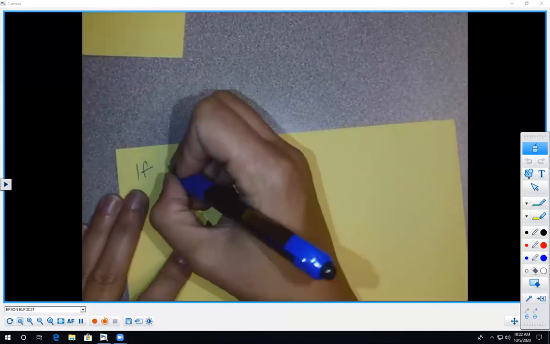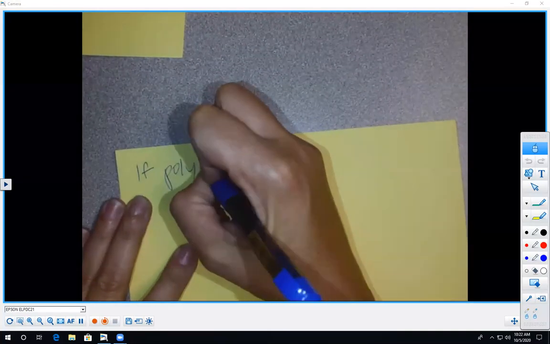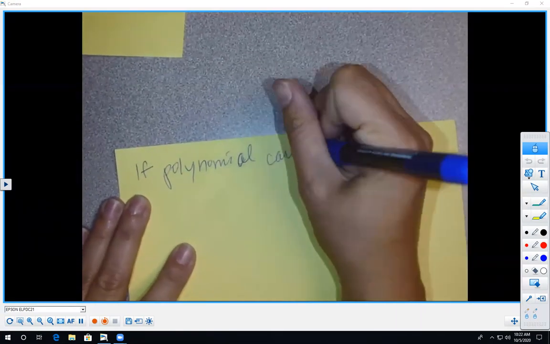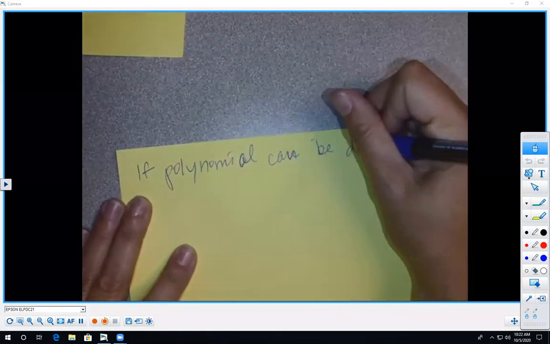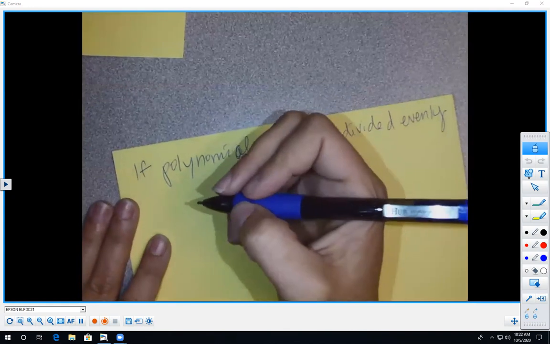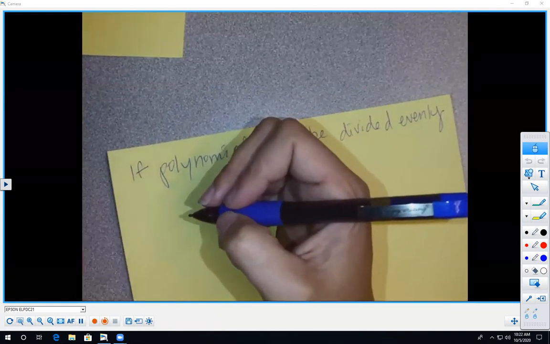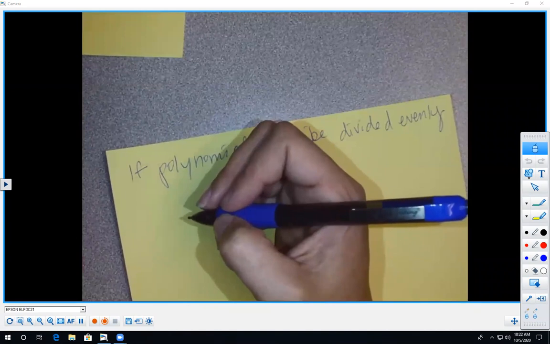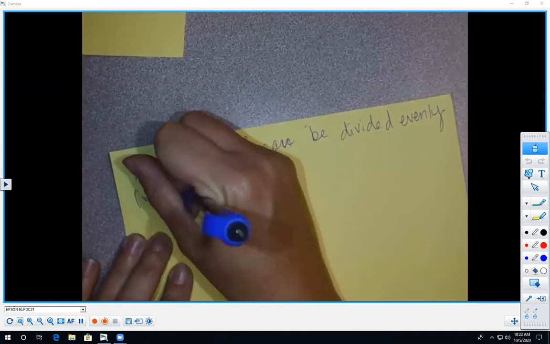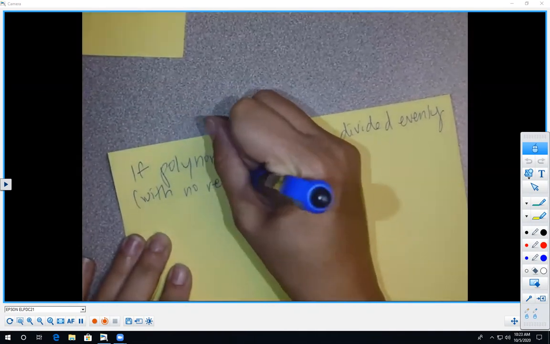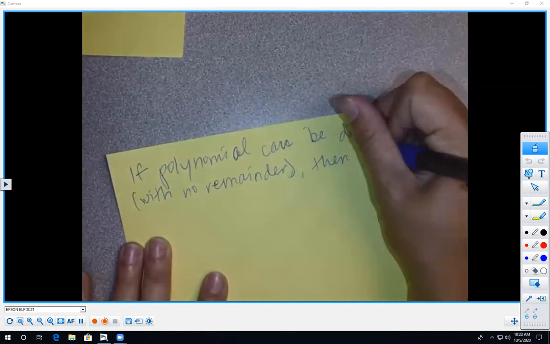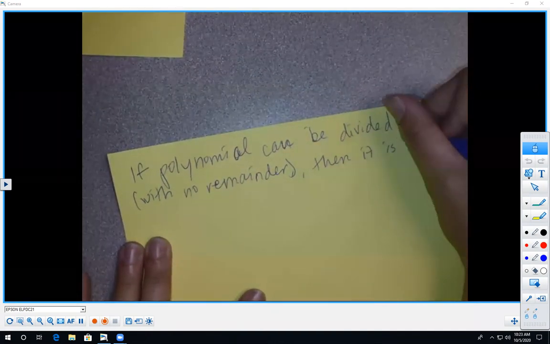If your polynomial can be divided evenly with no remainder, then it is a factor. It's a factor.